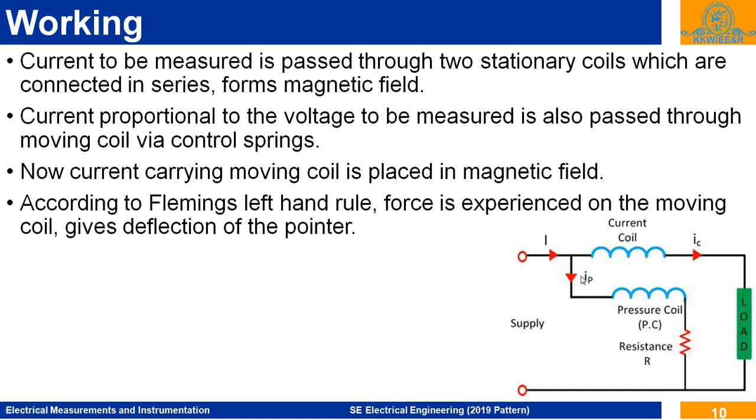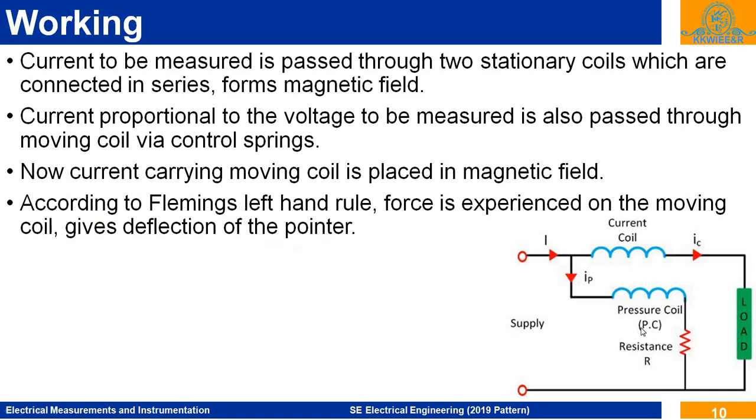So this is the pressure coil, PC, and the current coil, CC, and one high resistance is connected in series with the pressure coil. Now, the current carrying moving coil is placed in a magnetic field, and according to Fleming's left hand rule, force is experienced on the moving coil, which gives the deflection of the pointer.